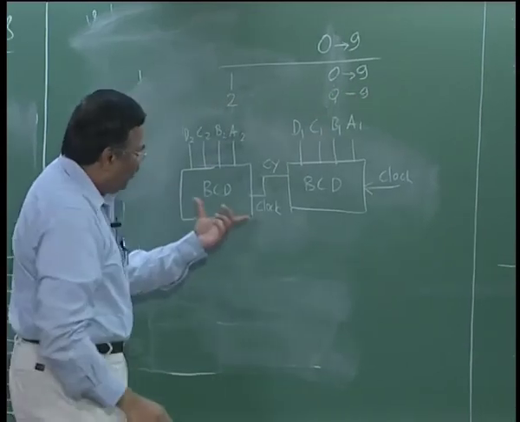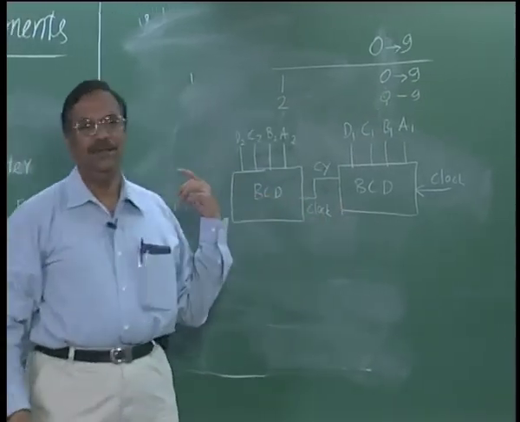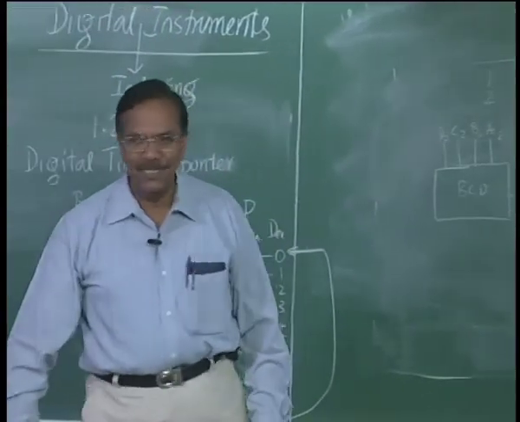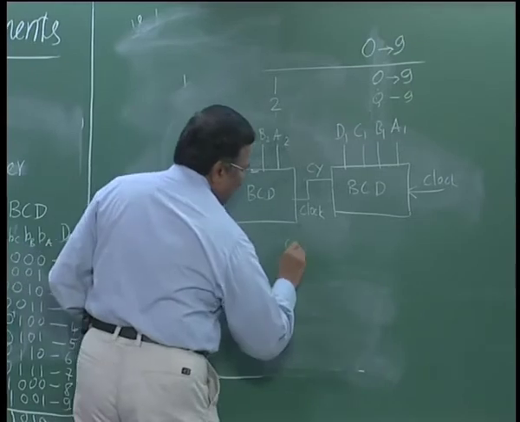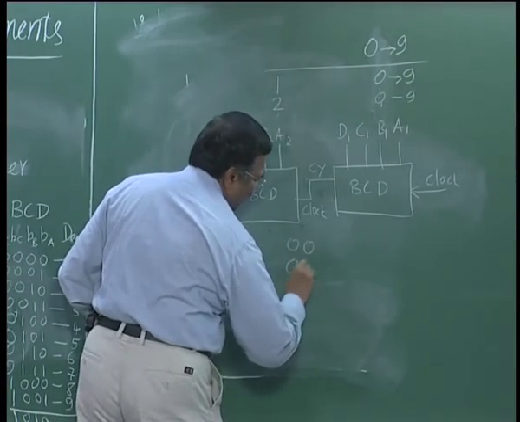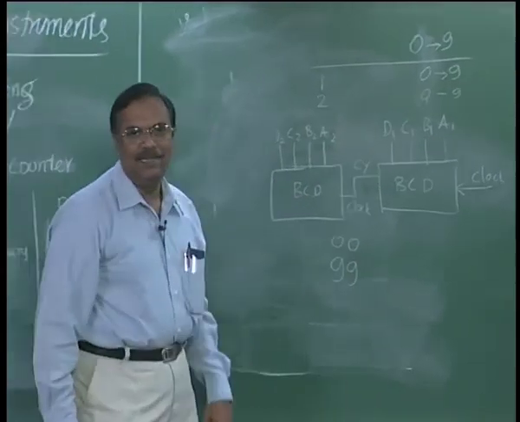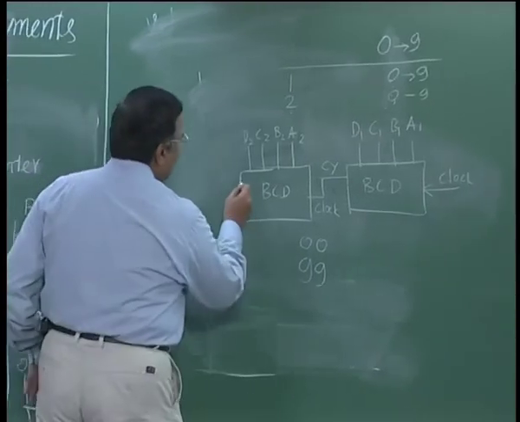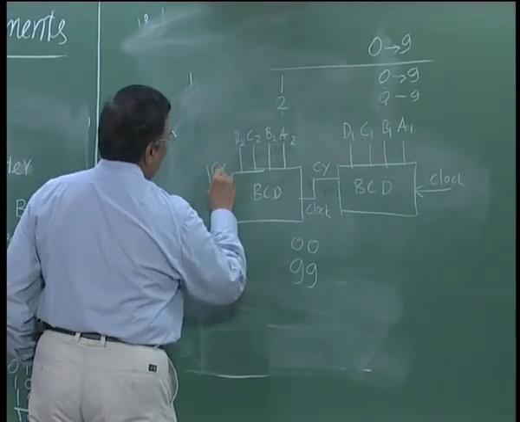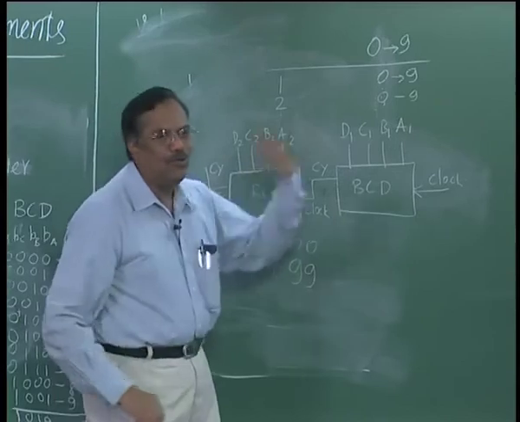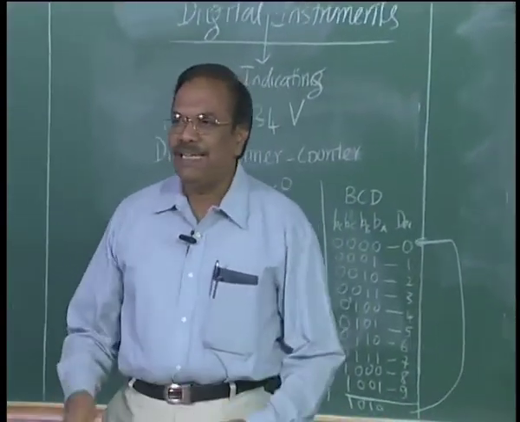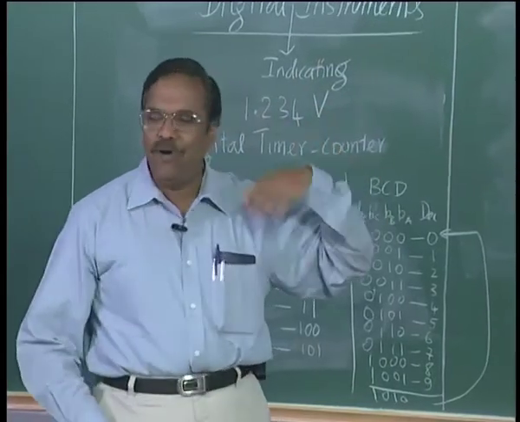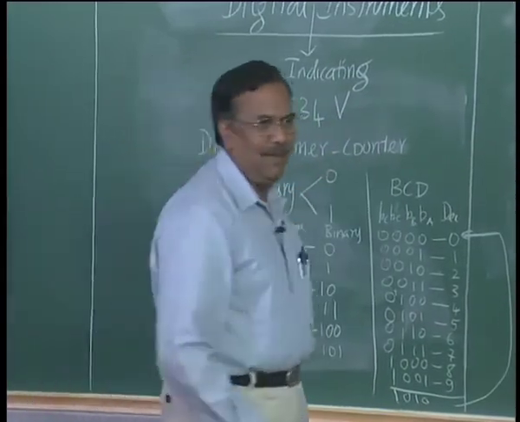So, if I now look at the cascaded BCD counters, 2 counters, I can now represent in binary the BCD numbers 00 to 99, right. Of course, after 99 the carry will be set and it will go to 00 to 99, right. So, that will keep on repeating if I keep on feeding the clock, right.